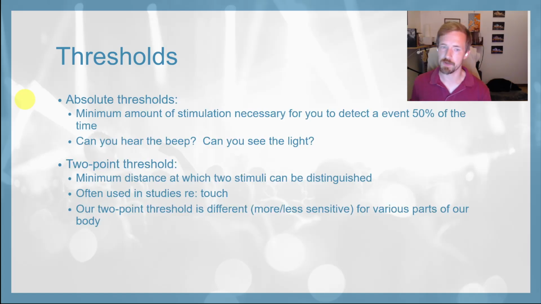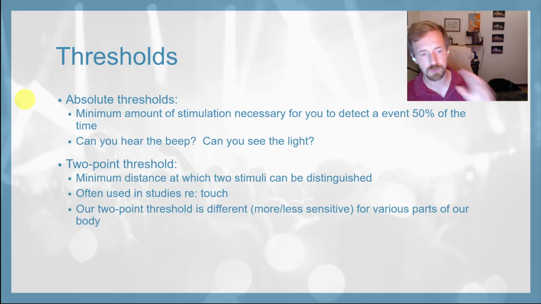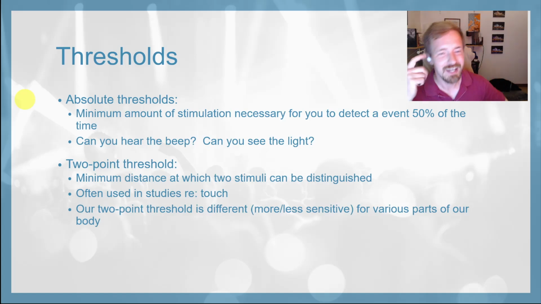So absolute thresholds, for example. An absolute threshold is your ability to detect some kind of event 50% or more of the time. For example, you might get this at a driver's exam, where you are hearing these little beeps and you have to say whether or not you can hear it. It's been a long time since I've done a driver's test like that, so I don't know if it's different for those of you kids out there that just got your learner's permit.